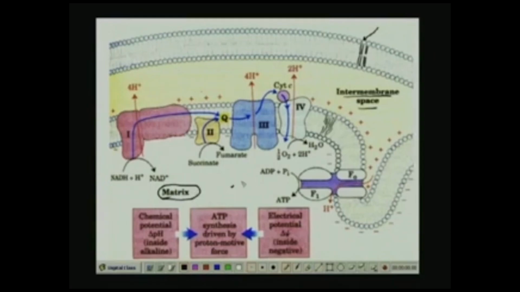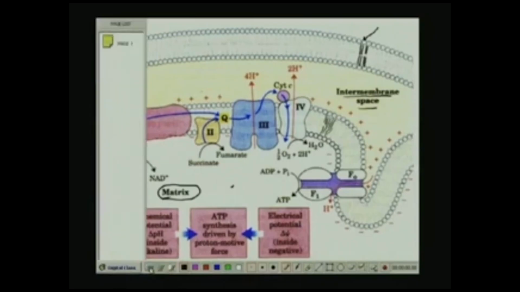Then, based on the chemical potential and the electrical potential, we have ATP synthesis driven by the proton motive force. Okay? Now, we are going to look at each of these complexes and see what it actually does. There are certain reactions associated with each of these complexes, eventually giving you sufficient H plus concentration in the intermembrane space that is going to result in ATP synthesis. Okay?